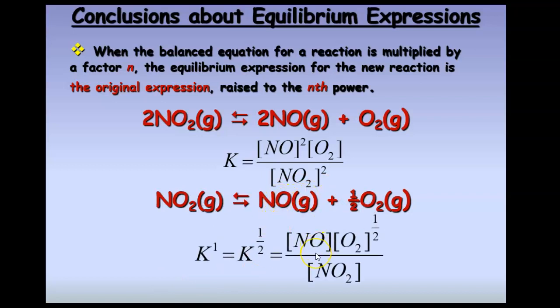NO product concentration times O2, then the coefficient here is a half. So this half becomes the exponent right here. And for NO, the coefficient here is 1, so it doesn't have any exponent.